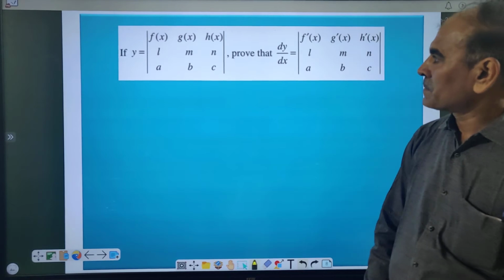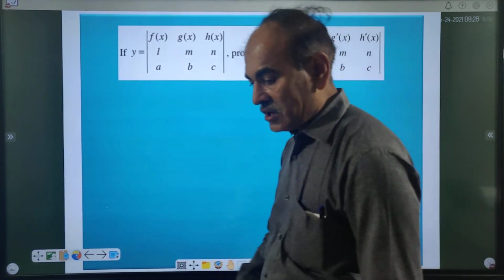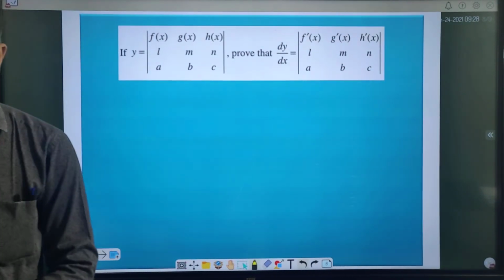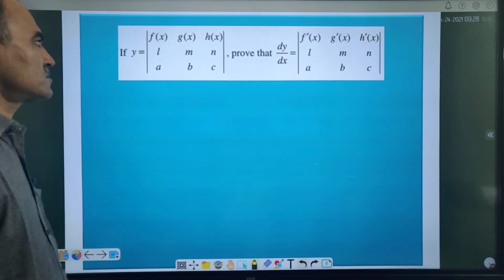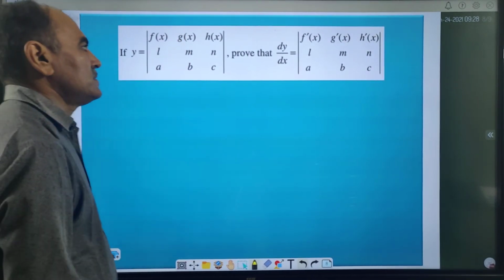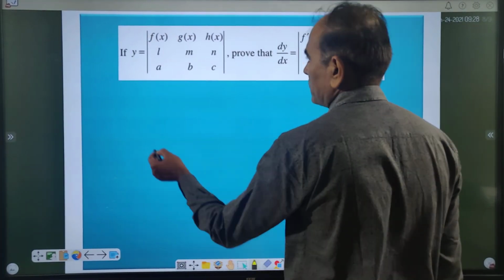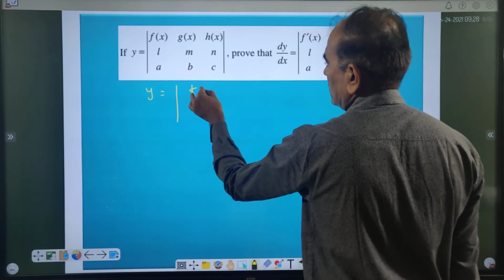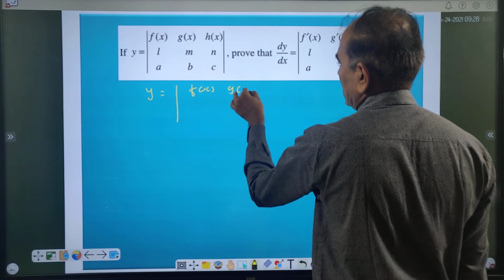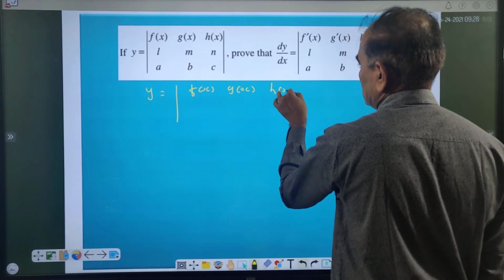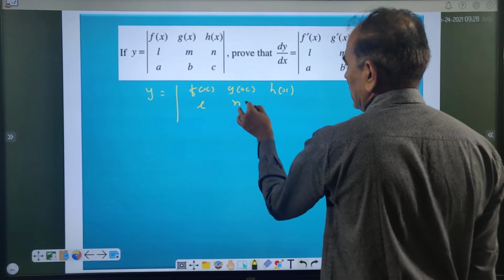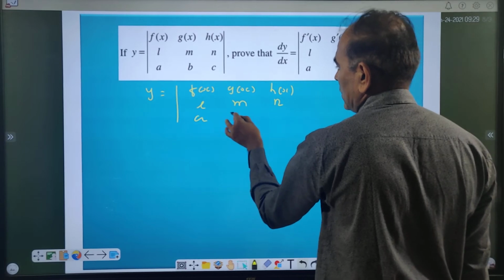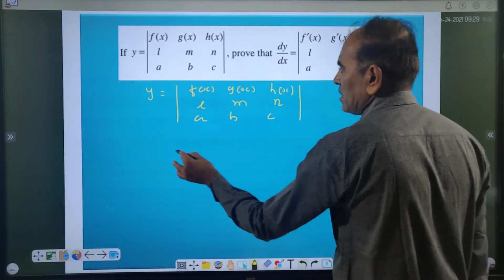What is given? Y is given in determinant form. The first row is in variable form, and the second and third rows are constant. Then prove that the derivative is this one. Very simple thing. Y is nothing but the determinant with first row f(x), g(x), h(x), second row l, m, n, and third row a, b, c. Expand it.